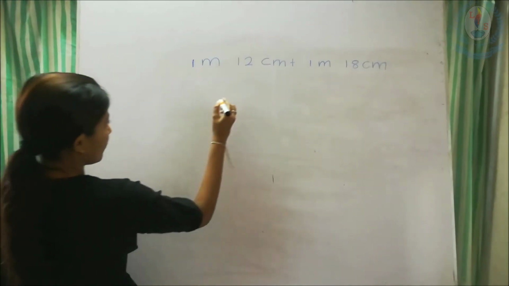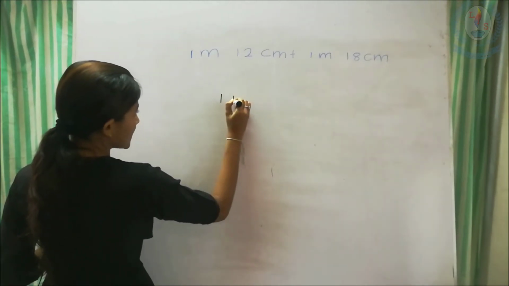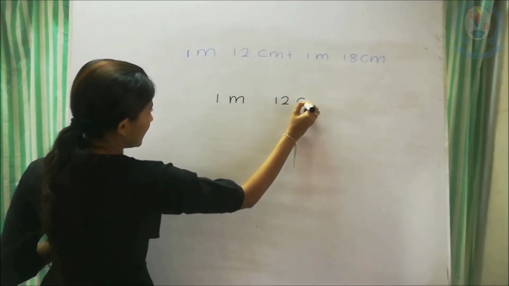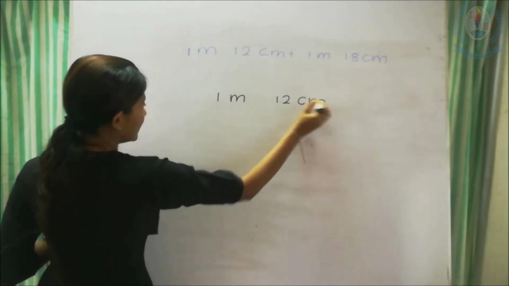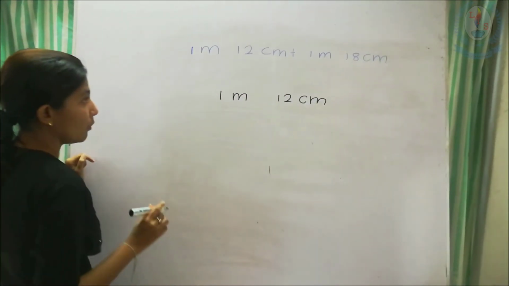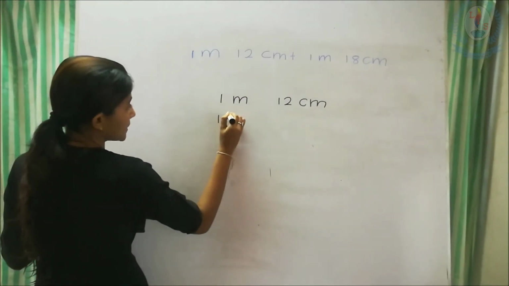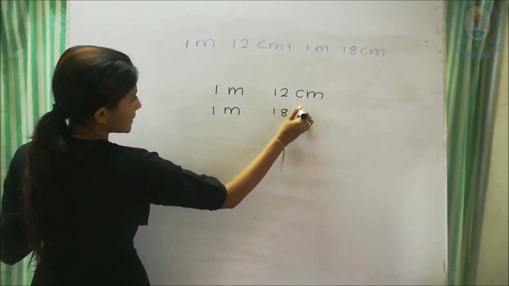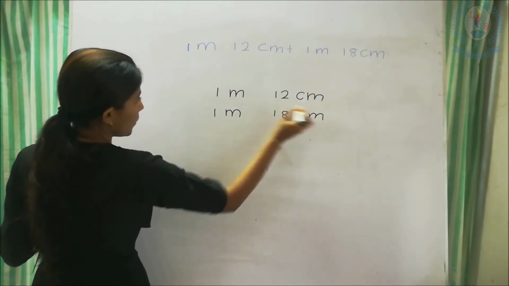Your first set of length is 1 meter and 12 centimeters. Then under that, you write the second set of length, 1 meter 18 centimeters.